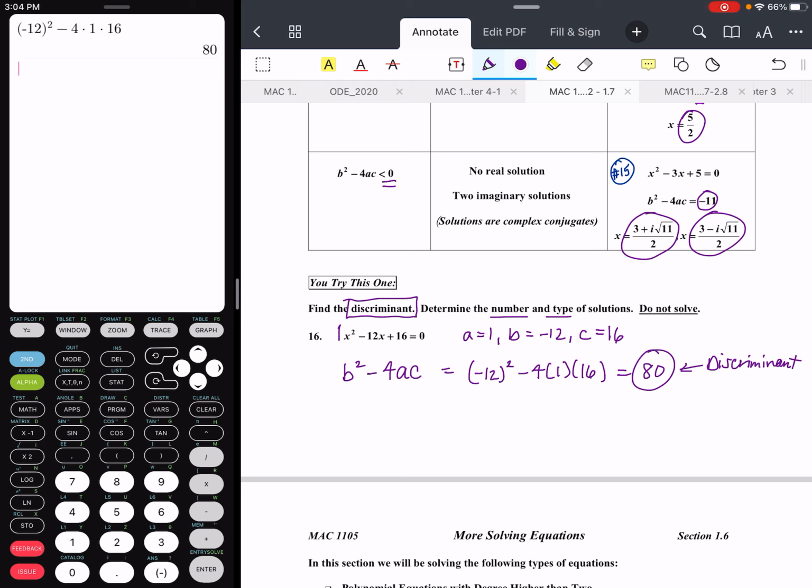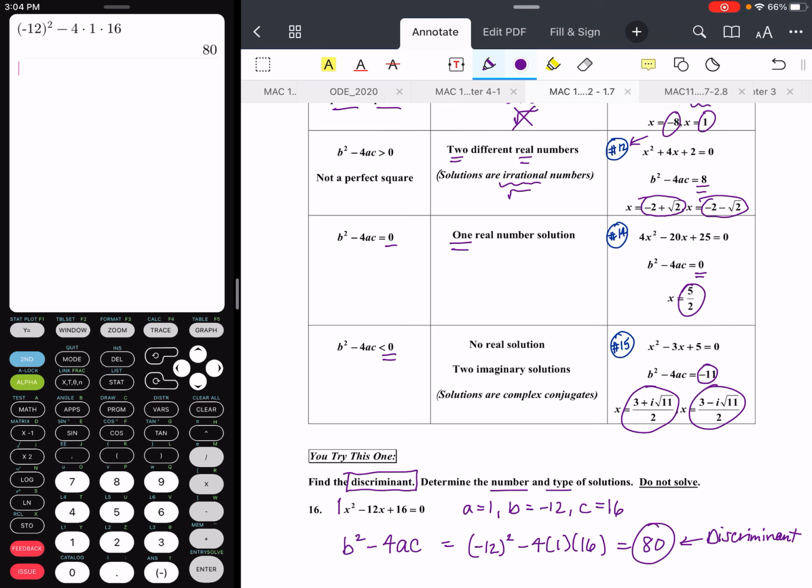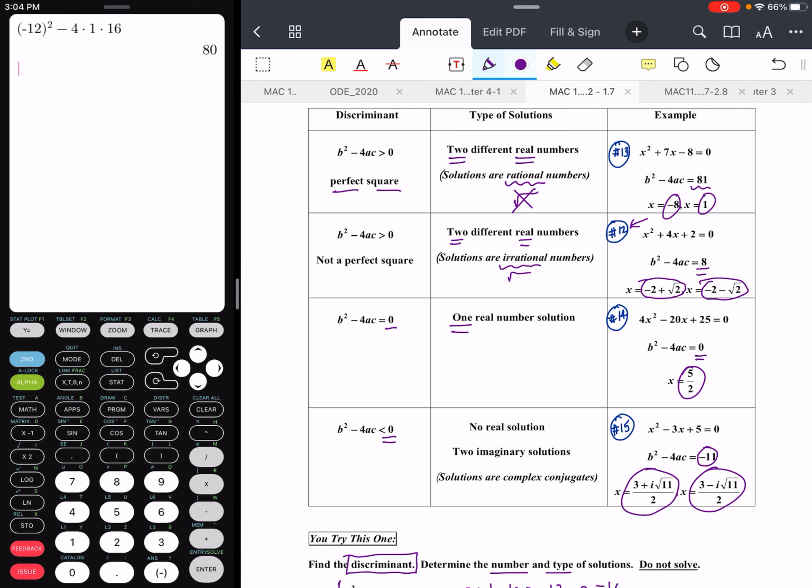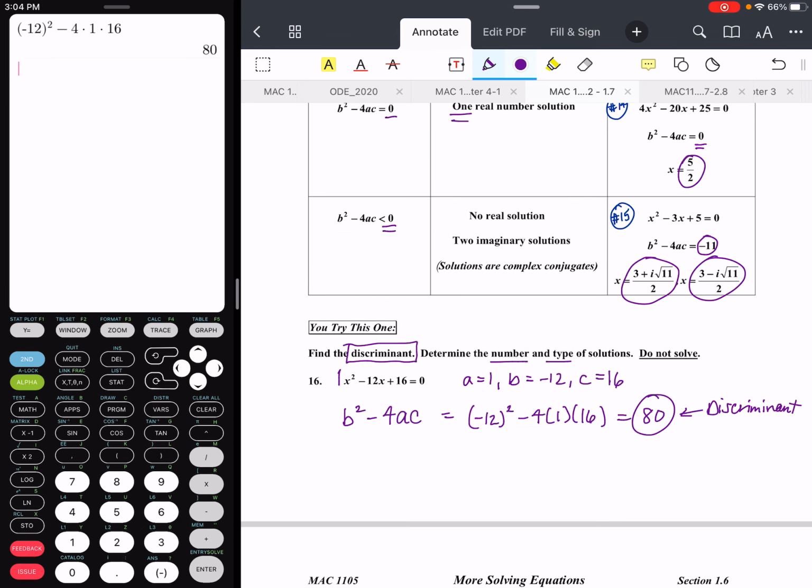So that's our discriminant. So determine the type and number of solutions. Well, from this lineup, that matches up with this one, right? Our discriminant is positive, but it's not a perfect square. So we will end up with two different real, irrational solutions.